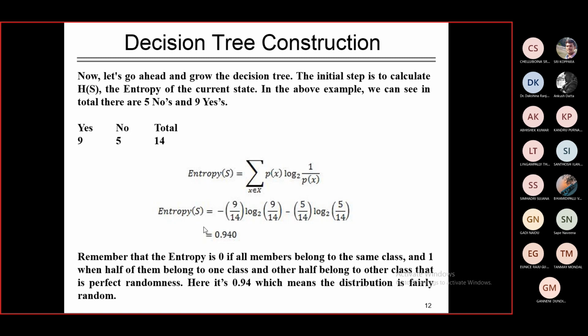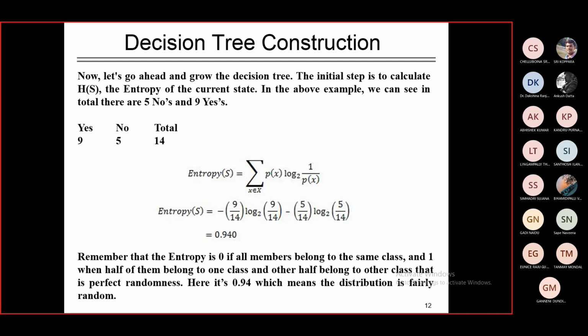So we can interpret this entropy value: since the entropy value is found to be very high, close to 1, the randomness or uncertainty is also very high.